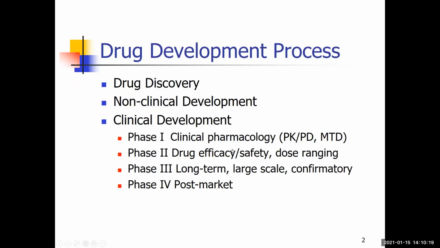Now, if the drug is good, that means it's efficacious and it's safe, it will receive approval, and then you go through phase 4, post-marketing. There are many drugs where the doses need to be adjusted after approval.